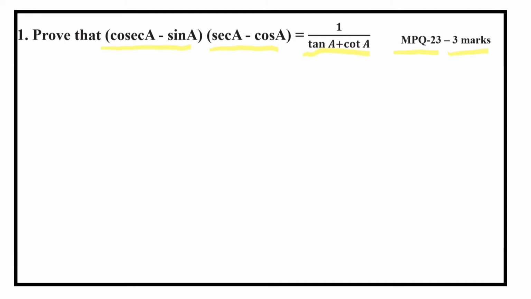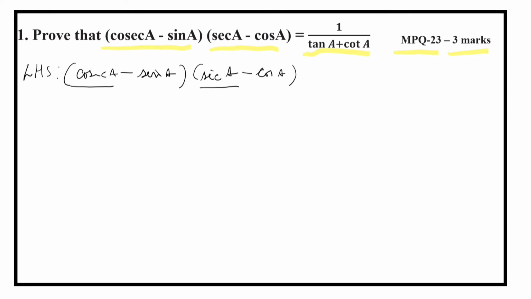Now let us take the LHS. What is the LHS? They have given it as (cosecant A minus sin A) into (secant A minus cos A). We cannot see any of the identities here, so now let us change cosecant and secant ratios.